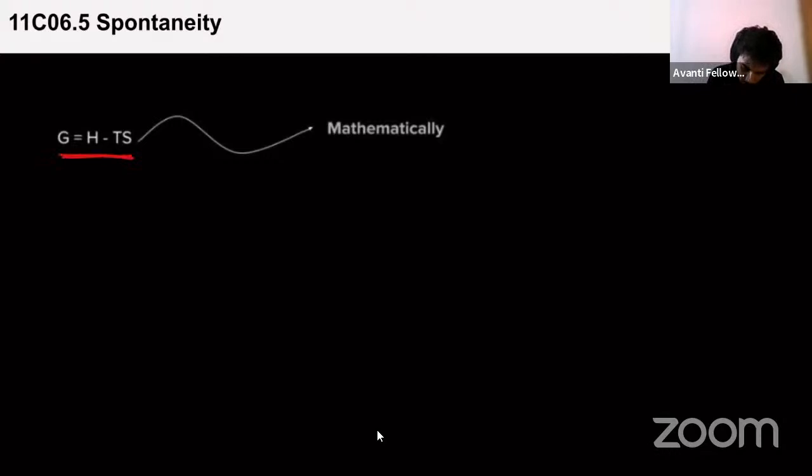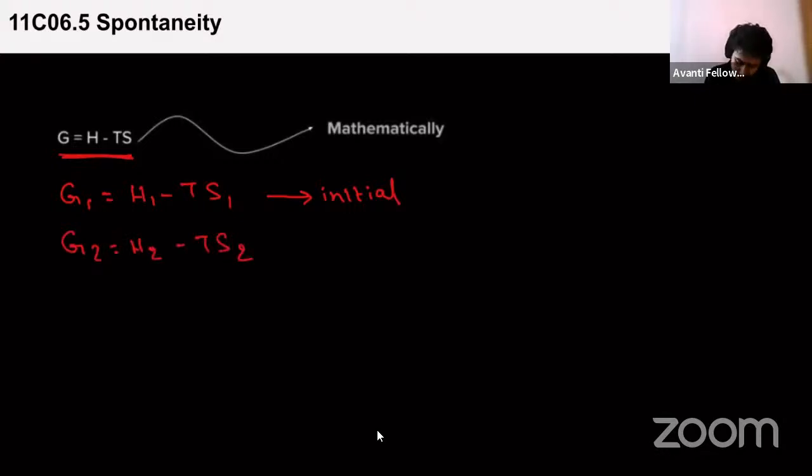Now, by using this equation, let's say we take initial terms as G1 is equal to H1 minus T S1, at constant temperature. These are our initial conditions. And let's say we take G2 is equal to H2 minus T S2.